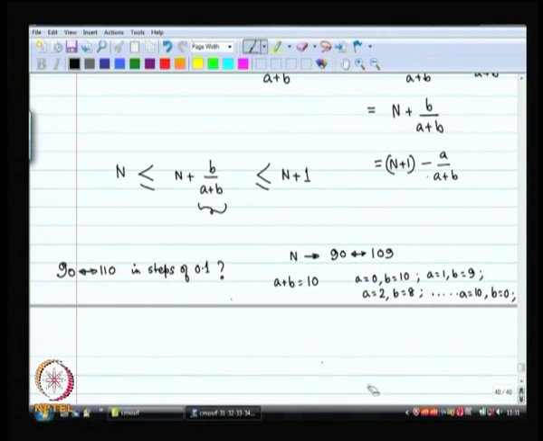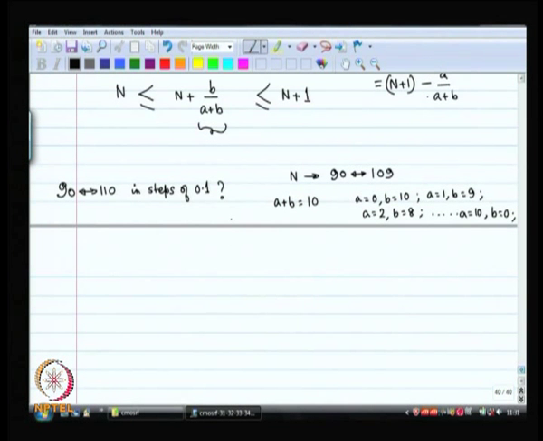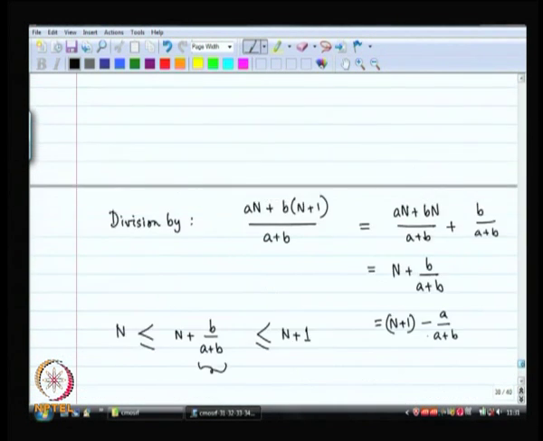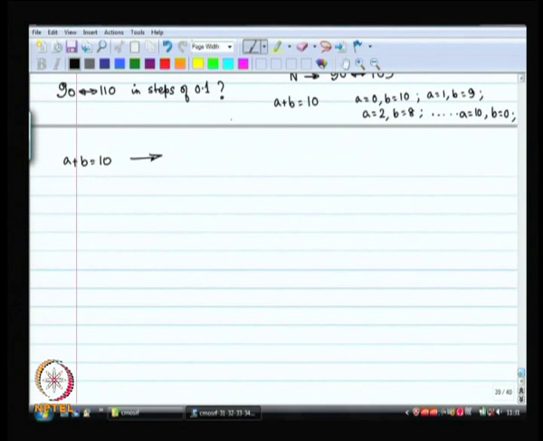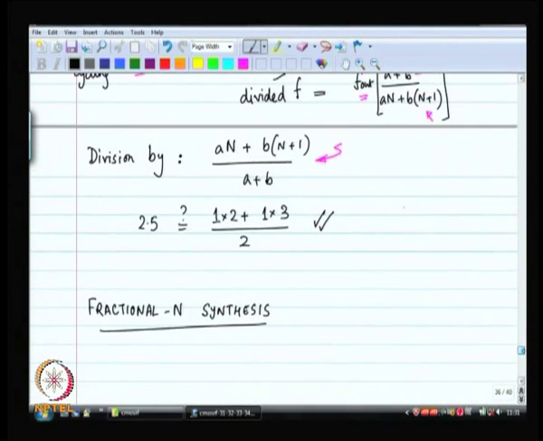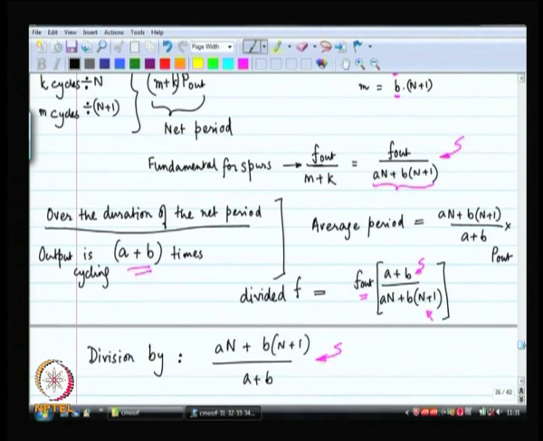Now, how do you organize this? Before that, a plus b is now equal to 10. What does that mean as far as the net period is concerned? I am calling something the net period. What was the net period? That is going to give me the fundamental frequency for the spurs. Okay.